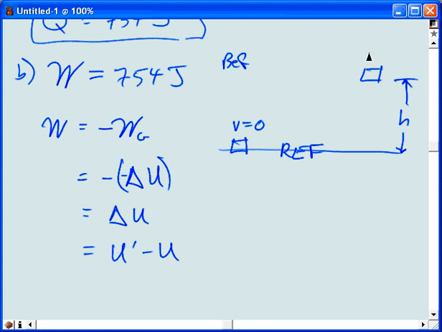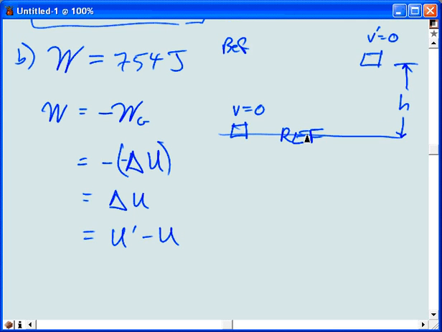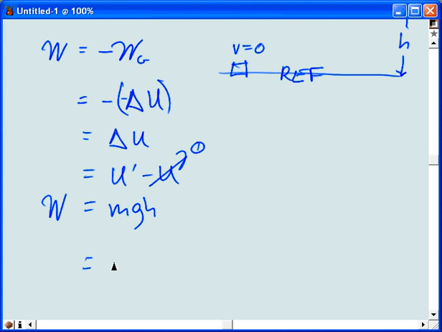Initially, it's got a speed of 0, and finally, it's got a speed of 0. So, initial potential energy is 0 by inspection. Final potential energy will just be mgh, so the work is equal to mgh.